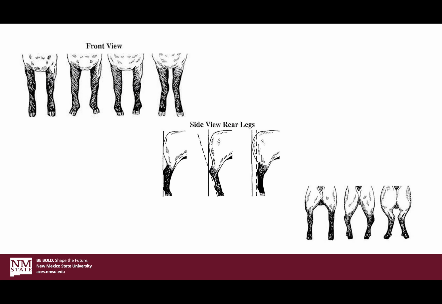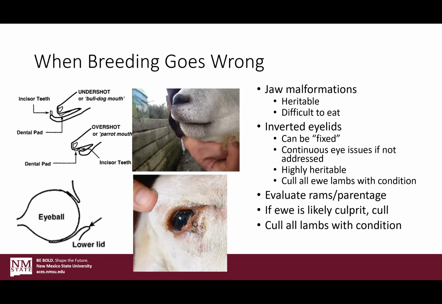Something else to consider too are birth defects. Certainly you don't want to purchase a ram that has any of these things because he will pass it on to his offspring. But if you find animals in a lamb crop with any of these issues, you don't want to keep the ewe lambs out of them either, okay?